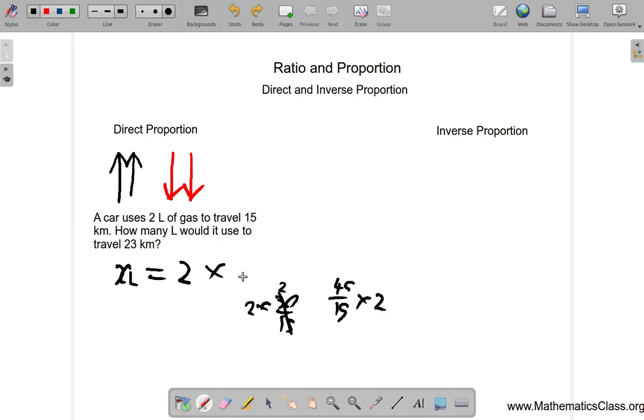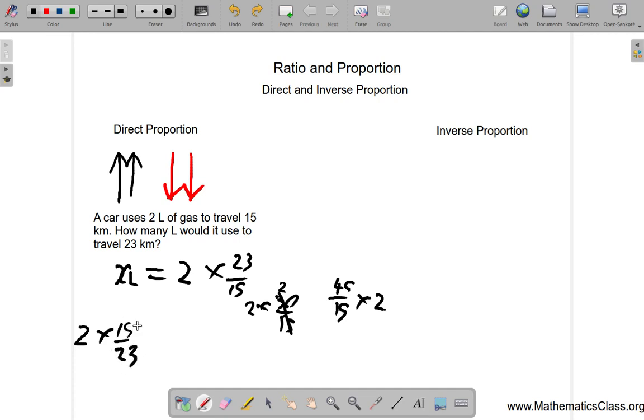So by the same argument, this would be the second journey over the first journey multiplied by the 2 liters, so 23 over 15 multiplied by the 2 liters. You would know that it could not be 2 times 15 over 23.